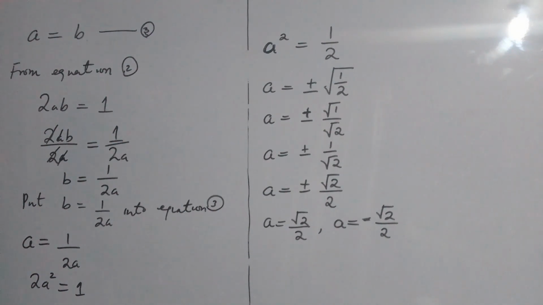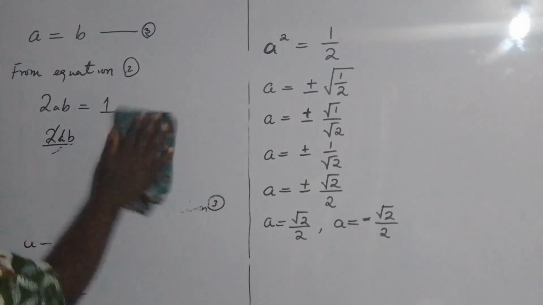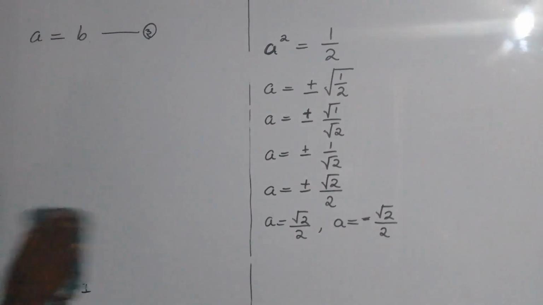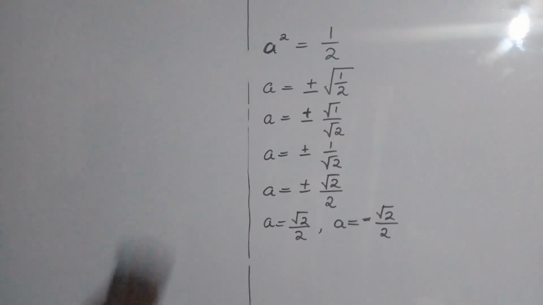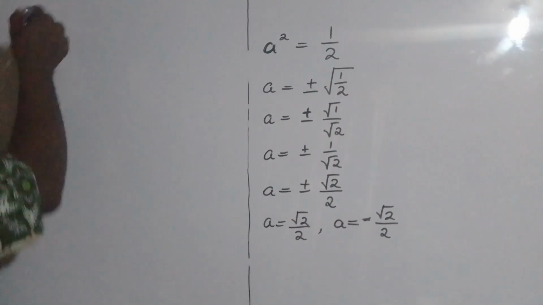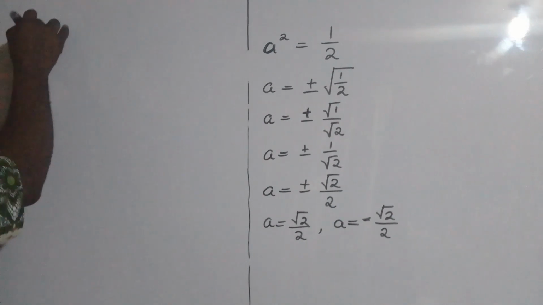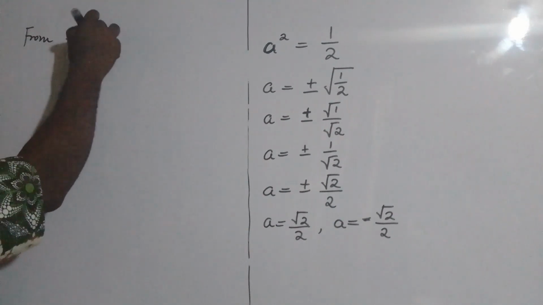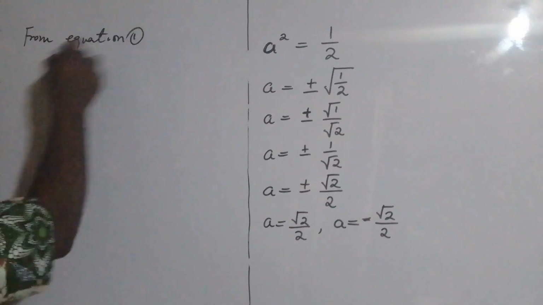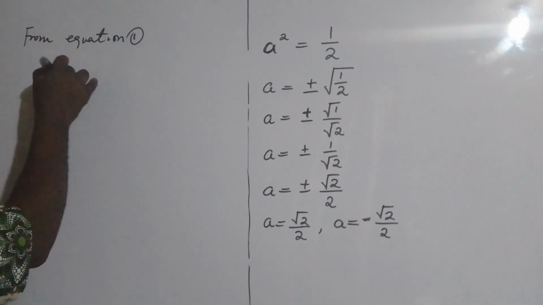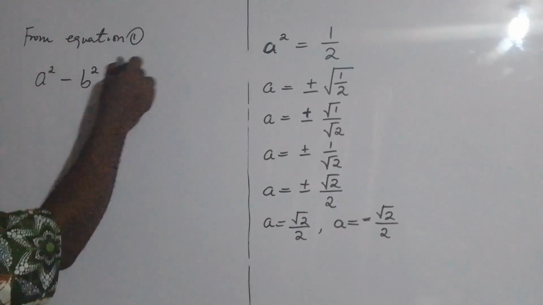The answer is yes. So what I just need to do is to go back to equation 1, where we have a squared minus b squared equal to 0.